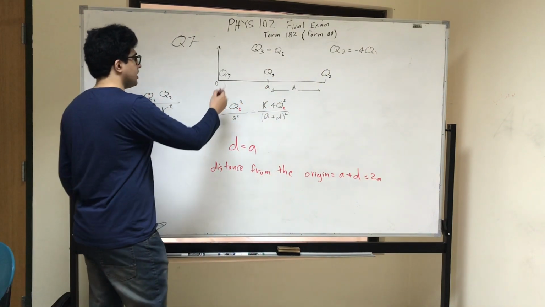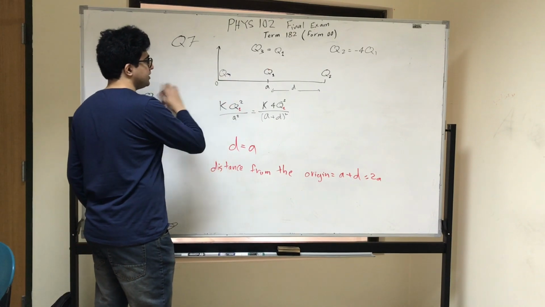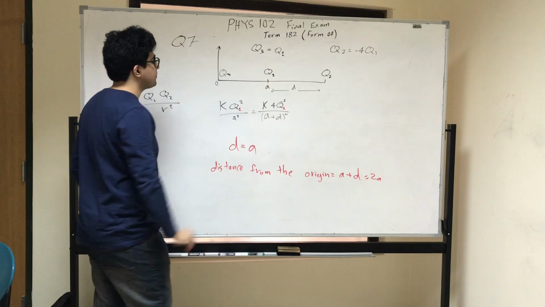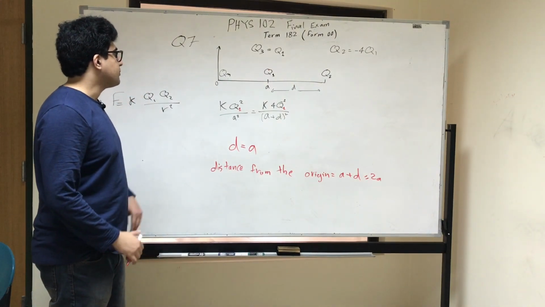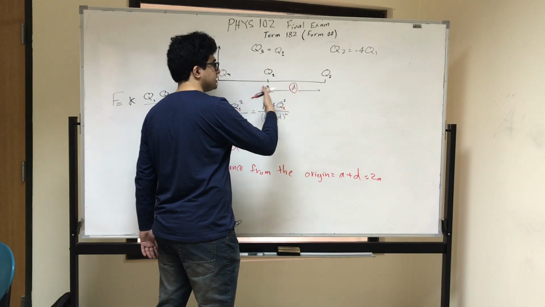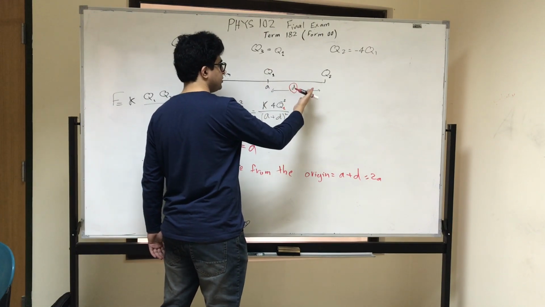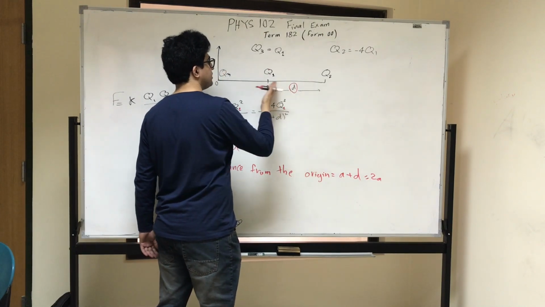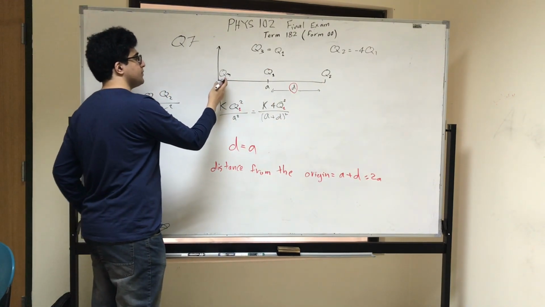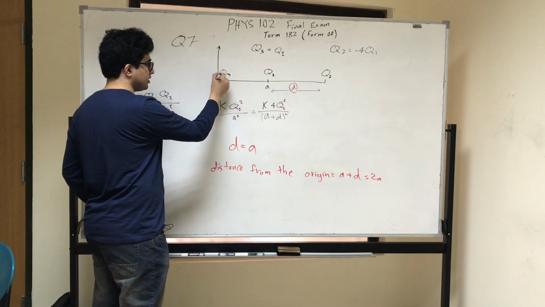And we have a third charge placed at the origin, and this third charge is equal to Q1, which is this charge. So we want to figure out this value over here, the distance between Q2 and Q1, in order to make the electrostatic force equal to 0 on this charge over here.